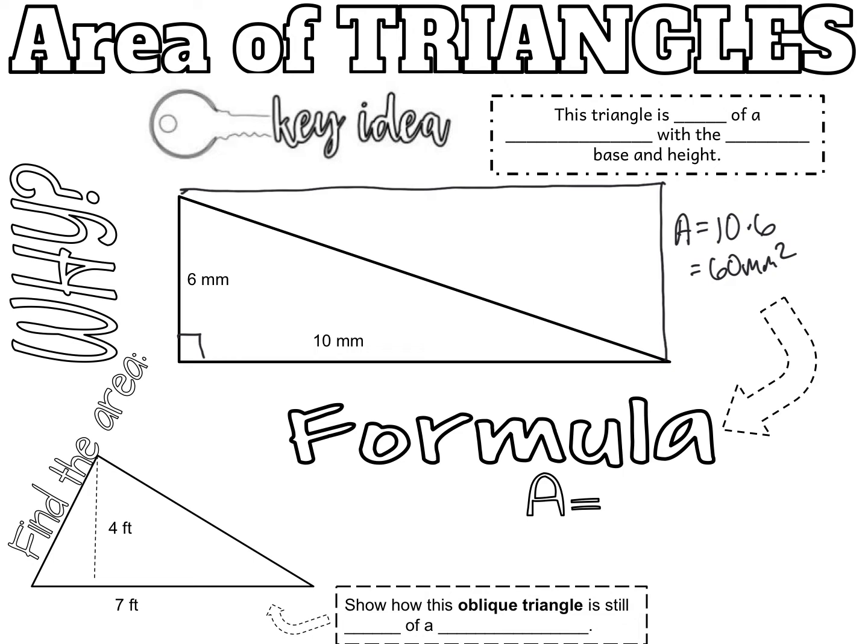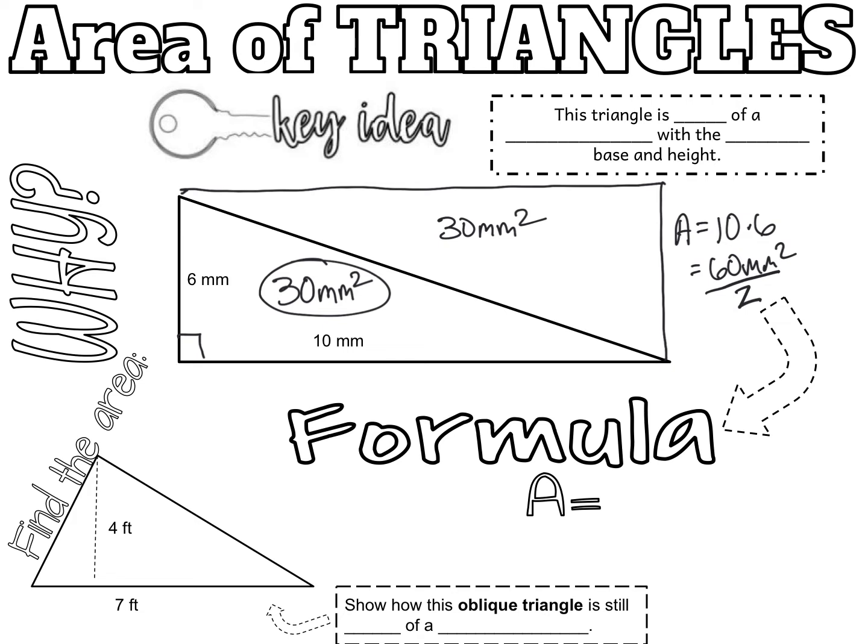So we can take that 60 millimeters squared and we're going to divide it into two pieces because that's what we did to get the triangles. So the area of this triangle is 30 millimeters squared, and this one would be 30 millimeters squared. So that's where the 60 comes from, but because we're only focused on the one triangle, our answer would be 30 millimeters squared.